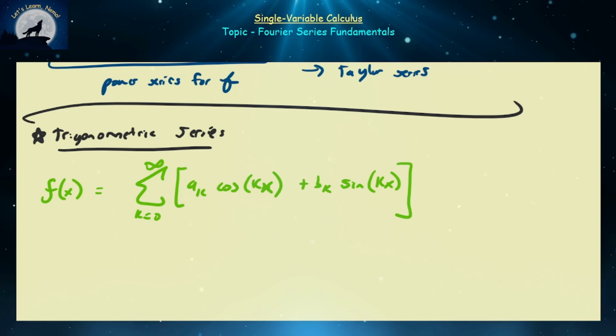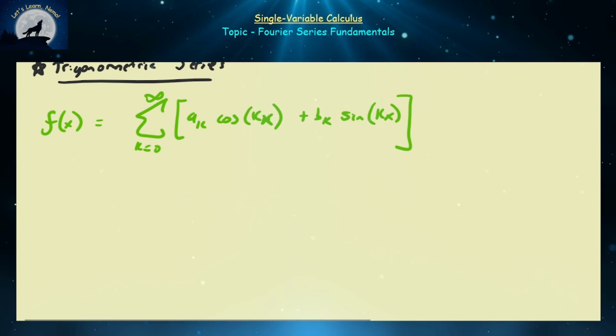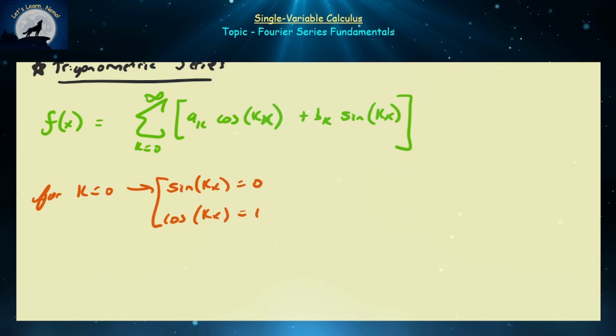Some people will change this slightly and make it cosine of k pi x or sine of k pi x, but we're going to keep it in this form, but you can always translate into those as well. So, some important things that come immediately from the properties of sine and cosine, in particular for k equal to 0, we know that the sine of 0 times x is going to be equal to 0 for any x, and the cosine of 0 times x is going to be equal to 1 for any x as well.